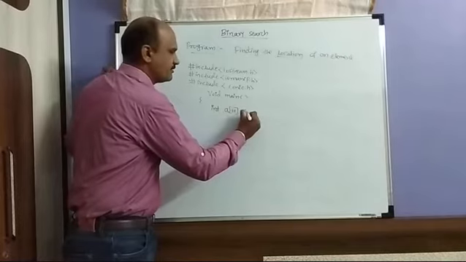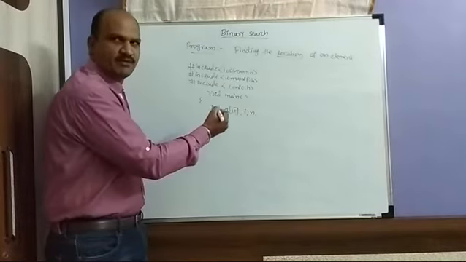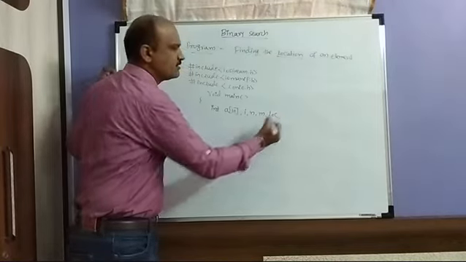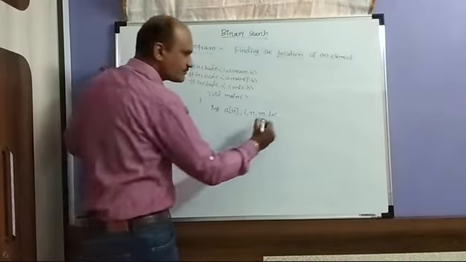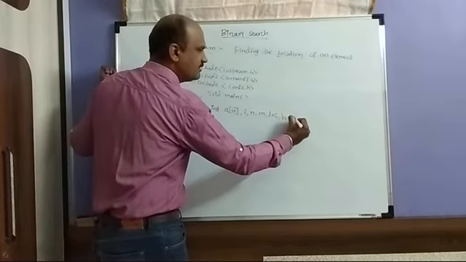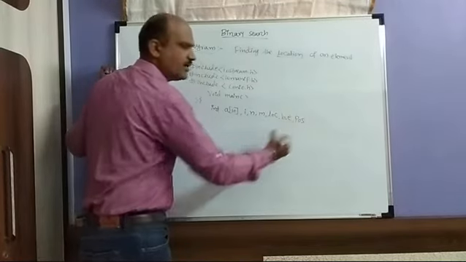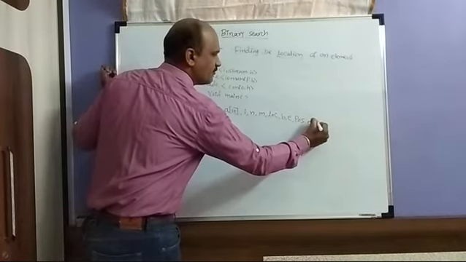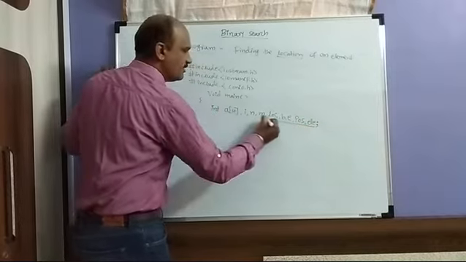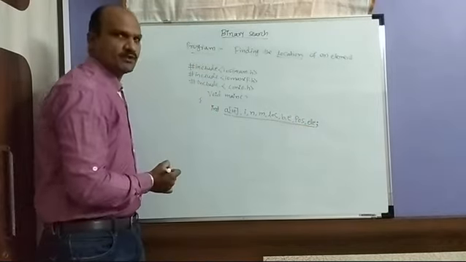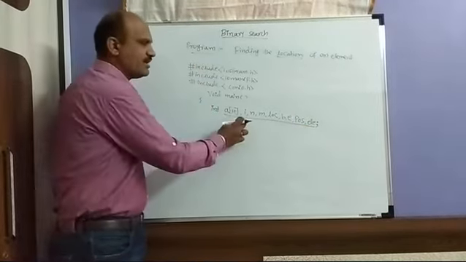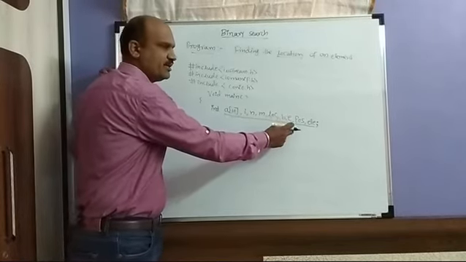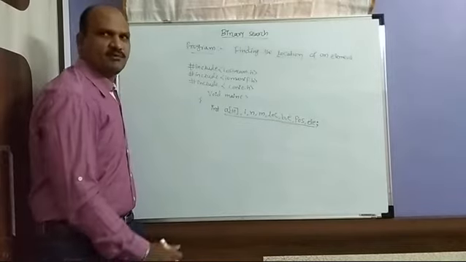Then i, n, m, then location, then beginning, then ending, then position, then element. These are the variables you need for writing this program. One dimensional array, i, n is the number of elements, m is the middle element, location, beginning, ending, position, and the element you have to search.